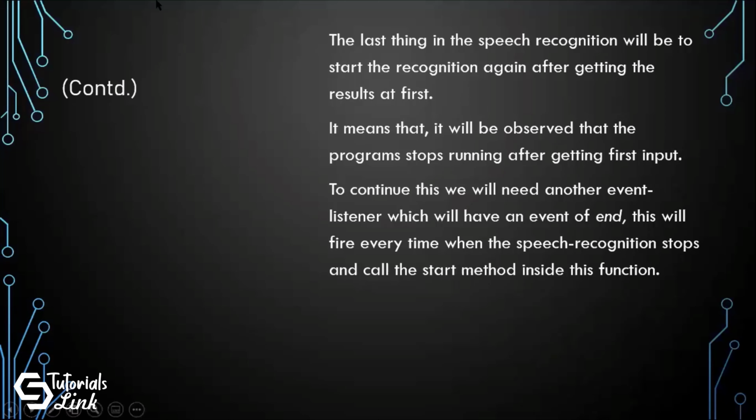If I explain it in a very easy way, let's say this is our speech recognition, it is hearing, and it gets some data. Then the end will be called, and it will again call this. So it will continue in a cycle.